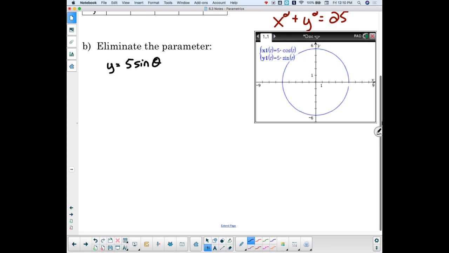And you divided first by 5. Right? And then inverse sine of that, and then plug that into the other one.